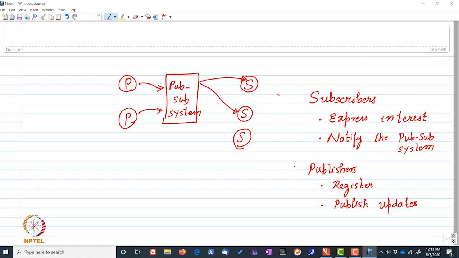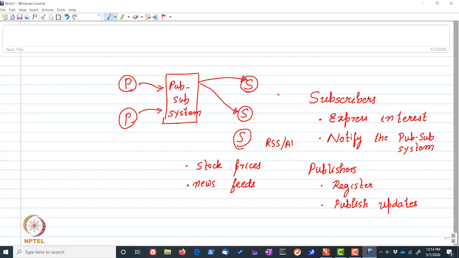So this can be anything. These can be stock feeds, stock prices. These can be news feeds. One of the most common pub sub systems is called an RSS system, RSS or Atom.